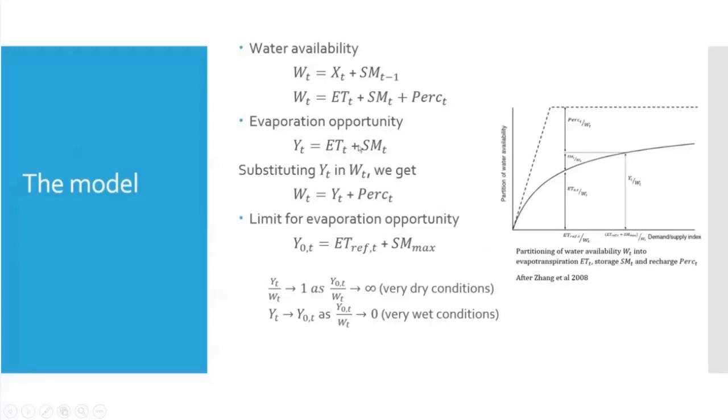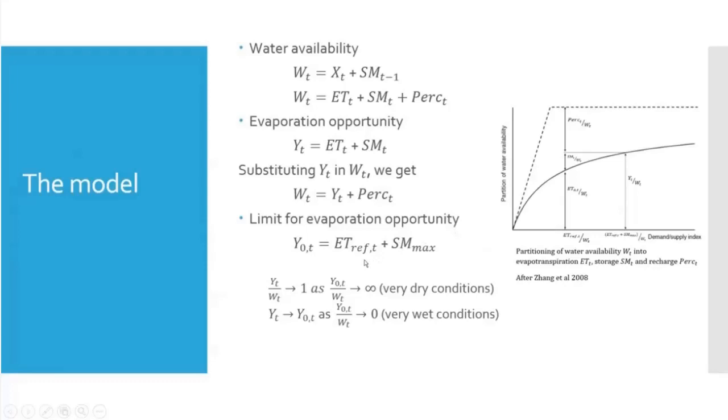So also, again, using a similar limiting principle, the ratio of the evapotranspiration opportunity by the water availability will be close to 1 as the limit of the evapotranspiration opportunity by the water availability is very large. So that is in a very dry condition.